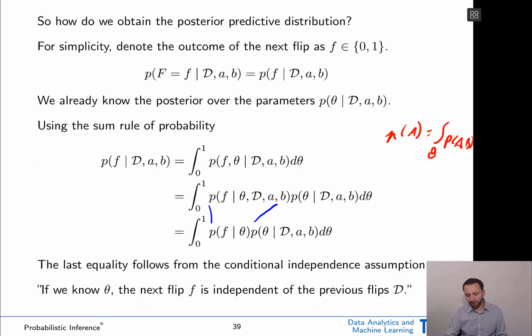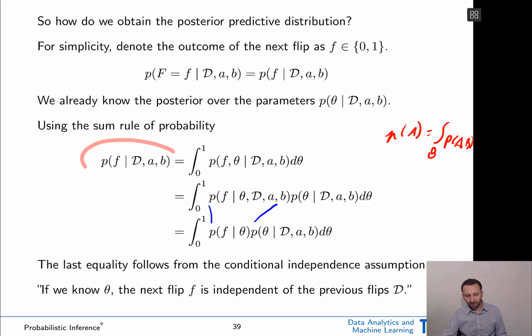Knowing how the coin behaves, we can already predict the next outcome. We don't need our probabilities and we don't need the data anymore. That's what this conditional independence assumption means. Put in words: if we know theta, the next outcome is independent of the previous outcomes, because we already have the full knowledge which we need.